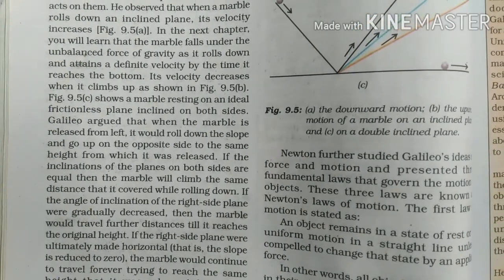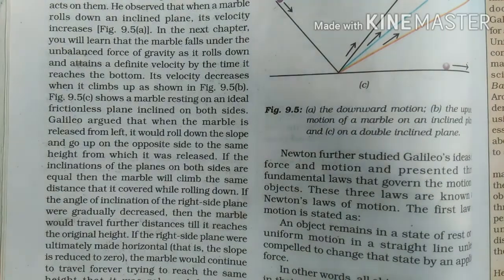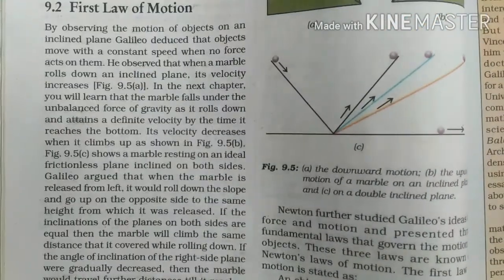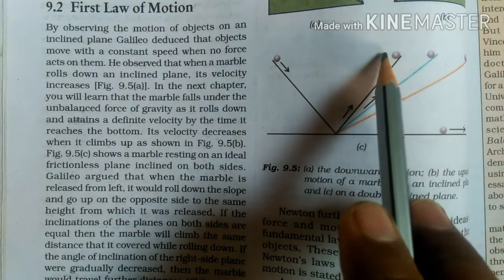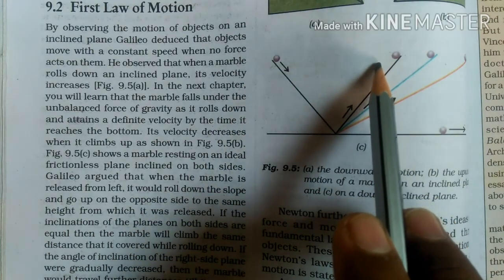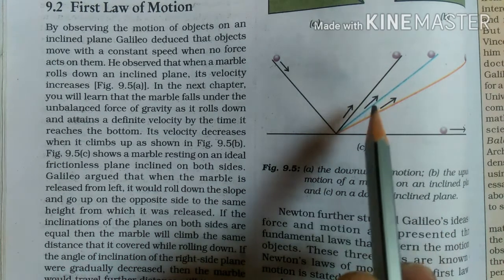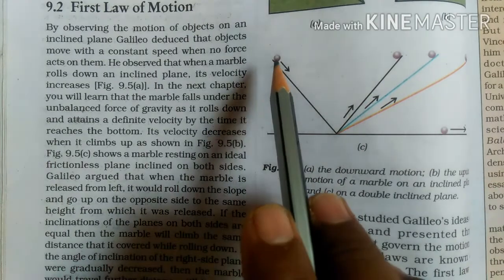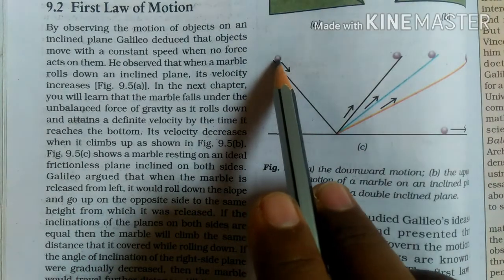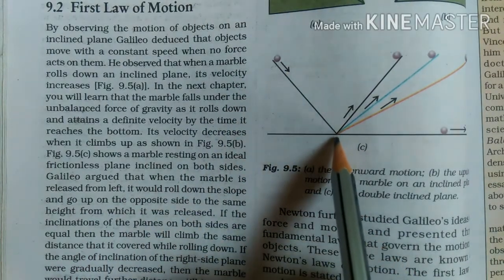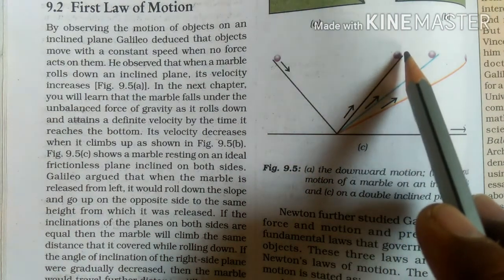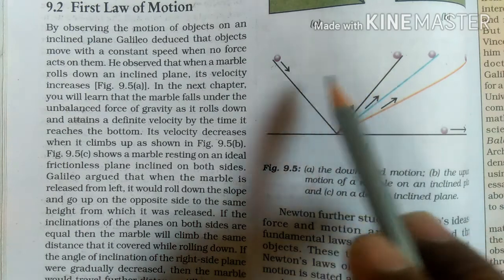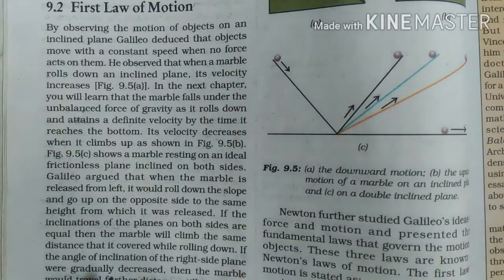See here, the height is the same. While rolling down, it covered this much distance, then again it covered the next distance, which is the same as the previous.